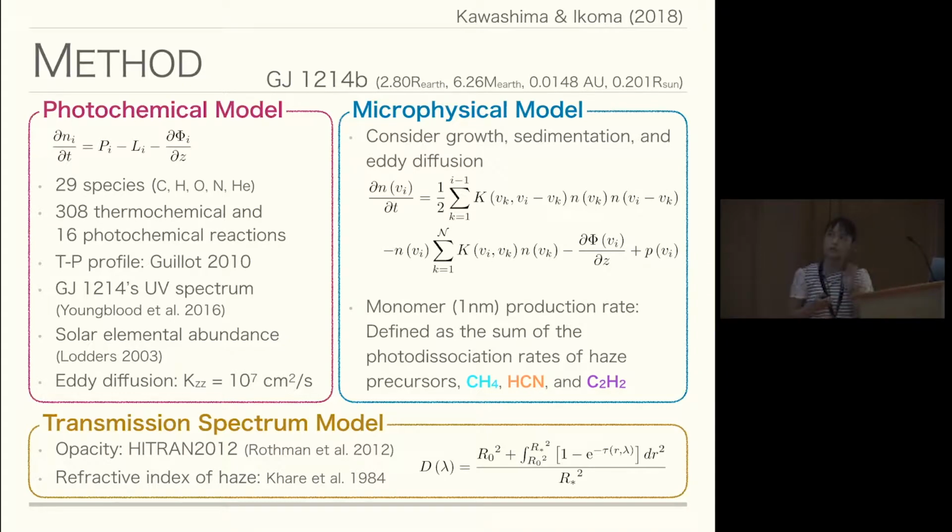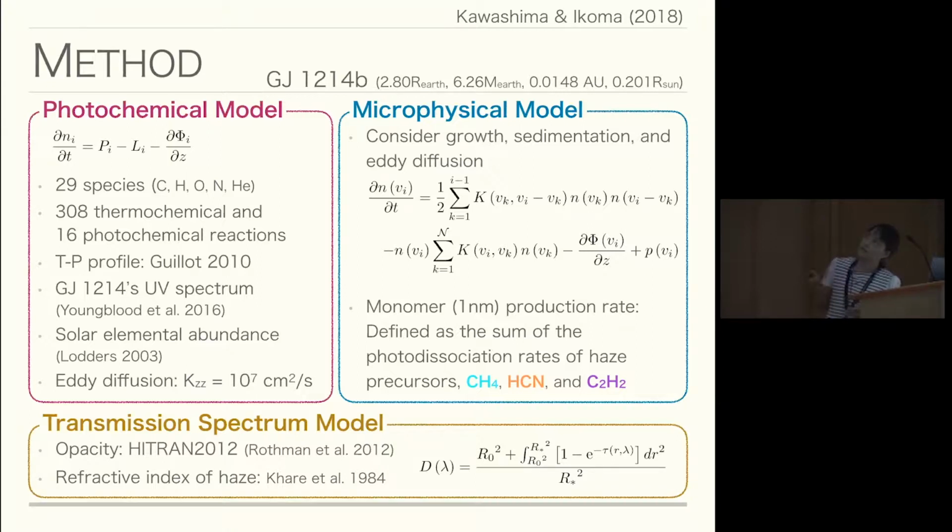As for the temperature-pressure profile, we use the analytical solution of Guillot 2010. And for the UV spectrum, we use the constructed UV spectrum for GJ1214 measured by Youngblood et al. 2016. For elemental abundance, we take the solar elemental abundance ratio from Lodders 2003, and for the Eddy diffusion coefficient, we assume this value for the fiducial case.